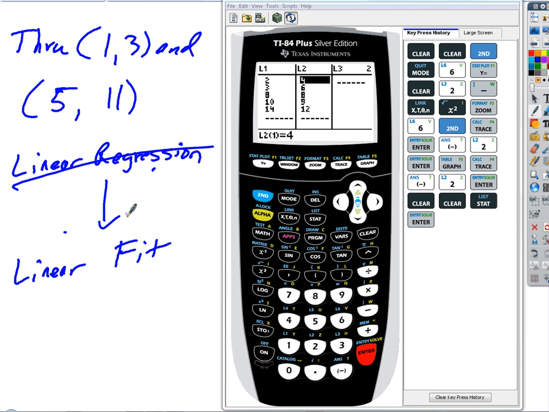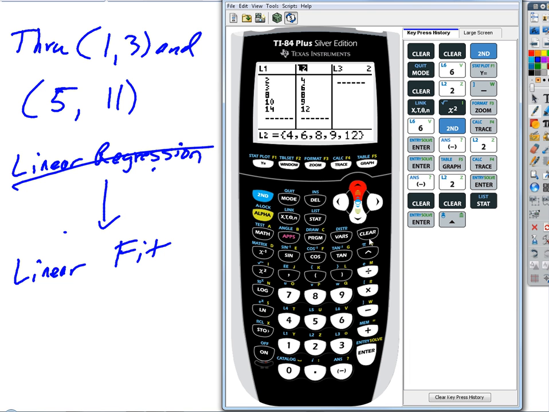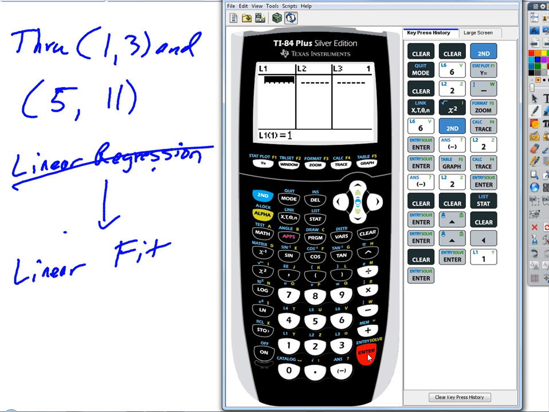If I want to find the equation of a line through 2 points, I can just erase these lists. So clear, enter, clear, enter, and I'll add those 2 points. So my x values are 1 and 5. My y values are 3 and 11, right?